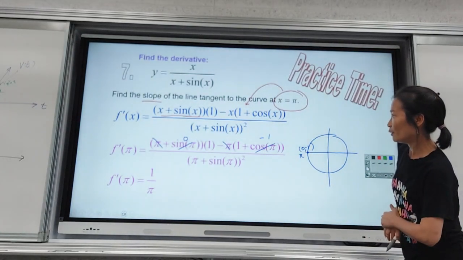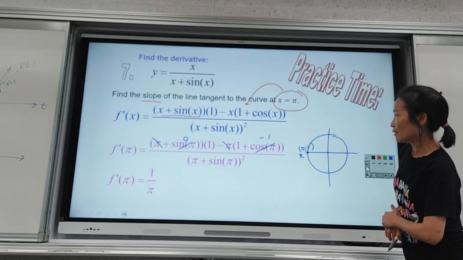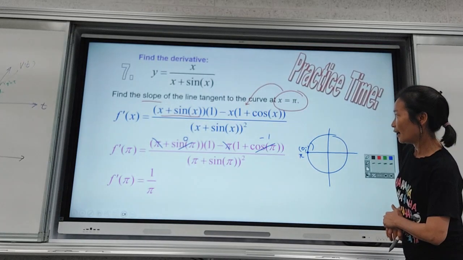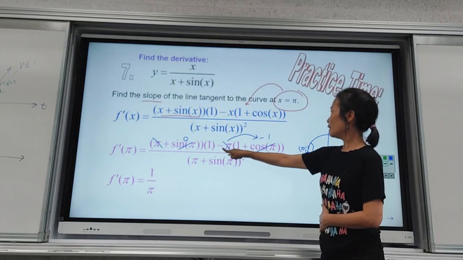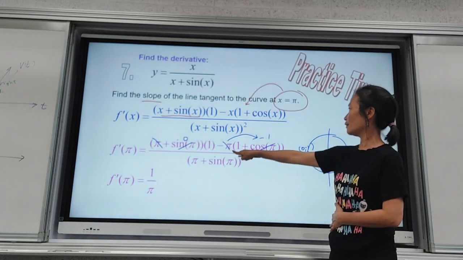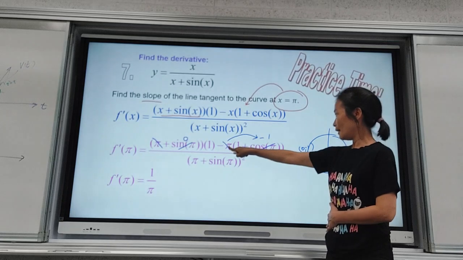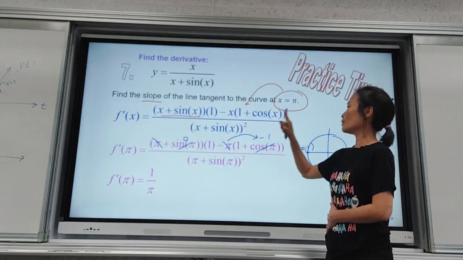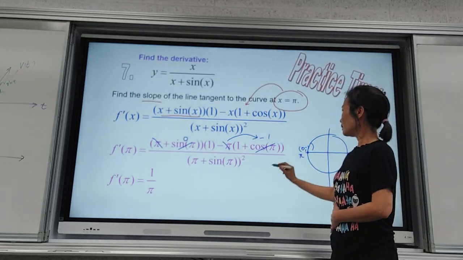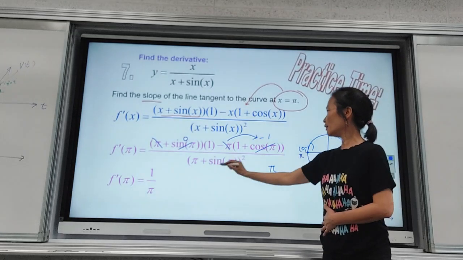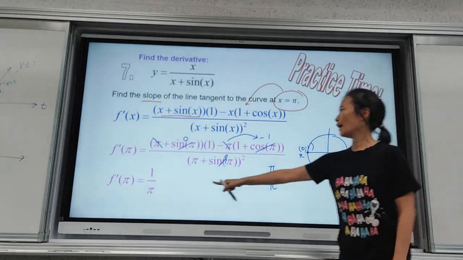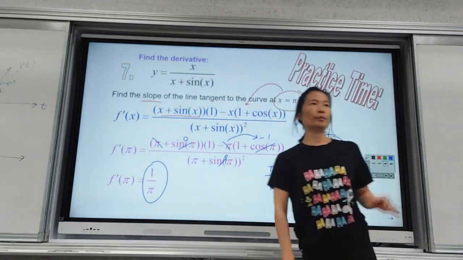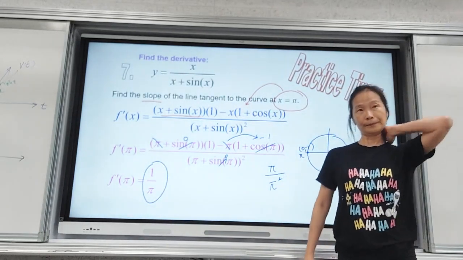So what did I do? Pi minus pi. Oh, yes, this is negative times negative, so that is negative pi times negative 1, so it's pi. The numerator becomes pi, the denominator is pi squared. So after you simplify, this is the slope of the tangent, 1 over pi.